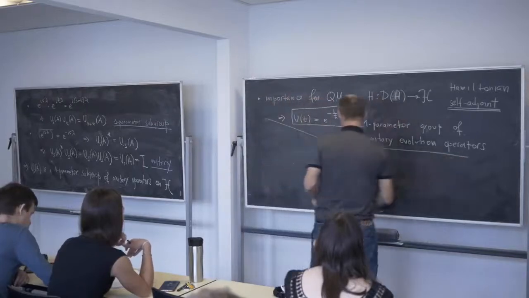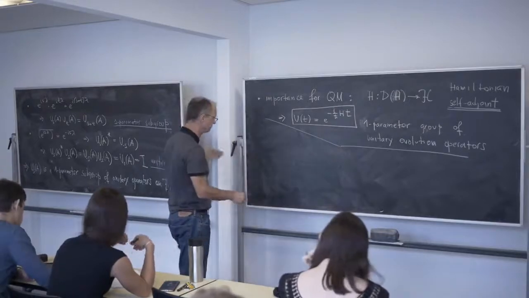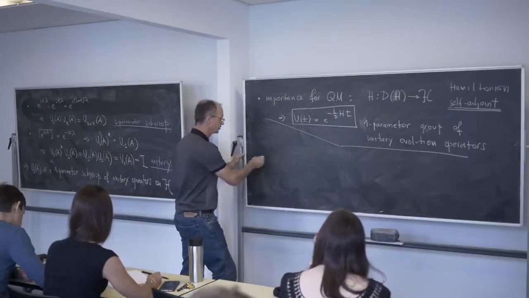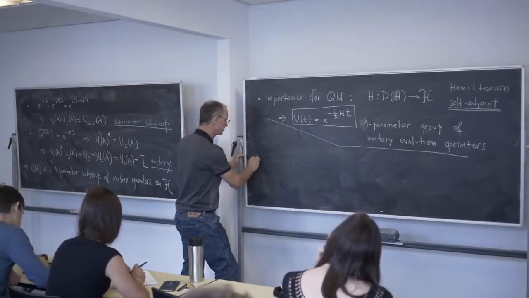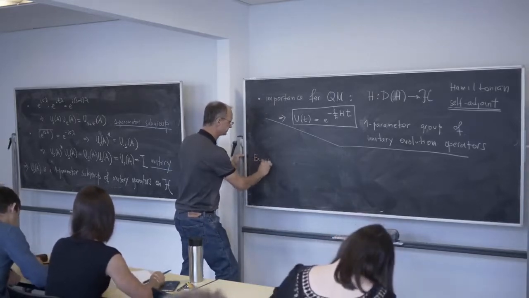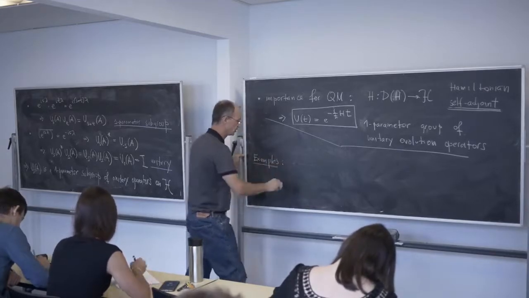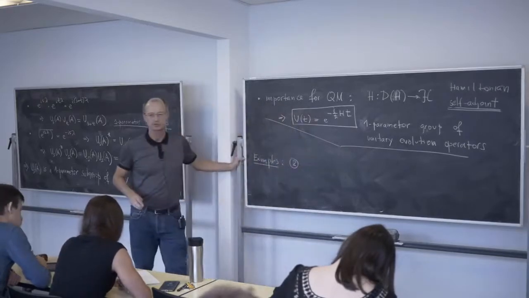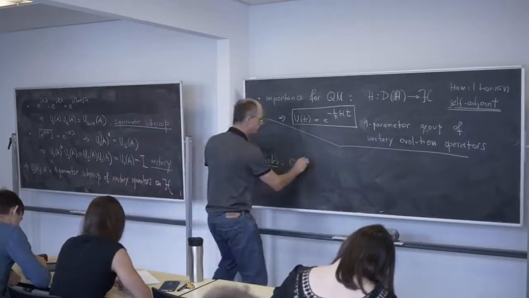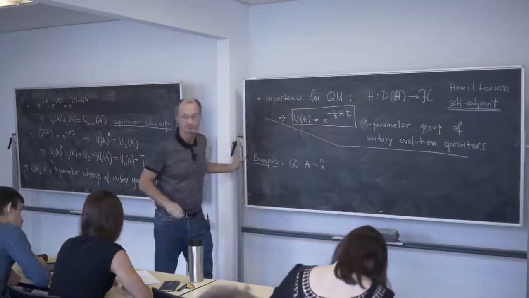But now maybe let me finish with two simple examples of those one parameter exponential subgroups. Let me start this time with example 2. I recall A was x hat.